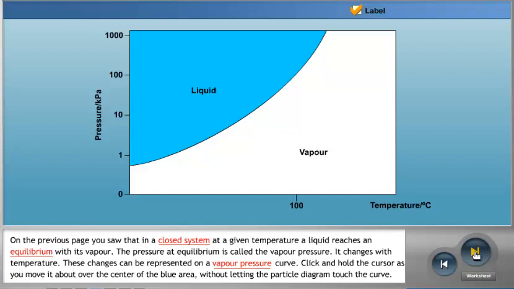Click and hold the cursor as you move it about over the center of the blue area, without letting the particle diagram touch the curve.